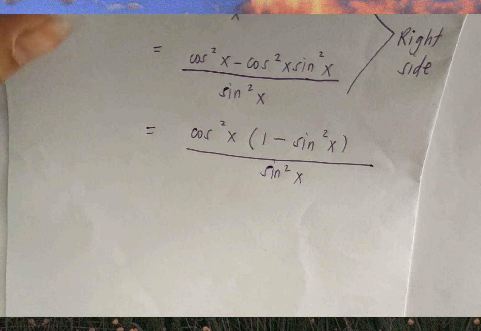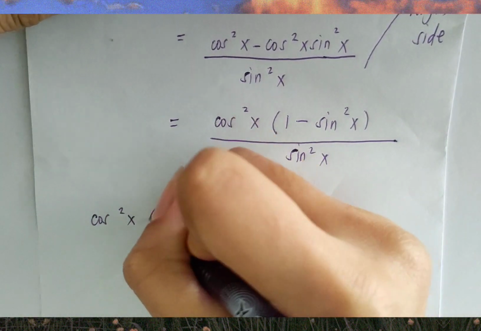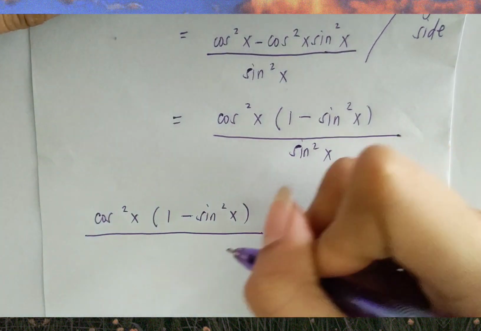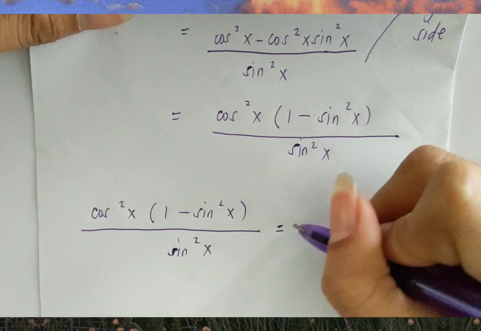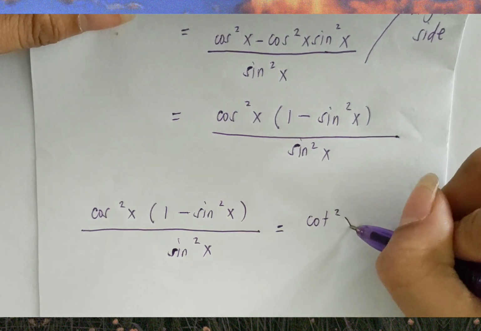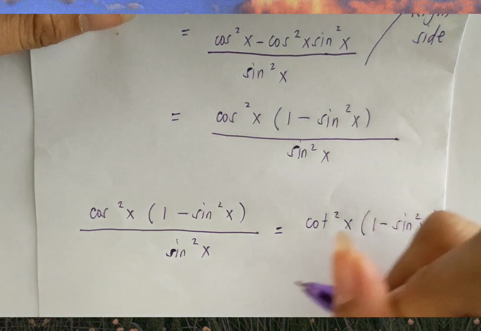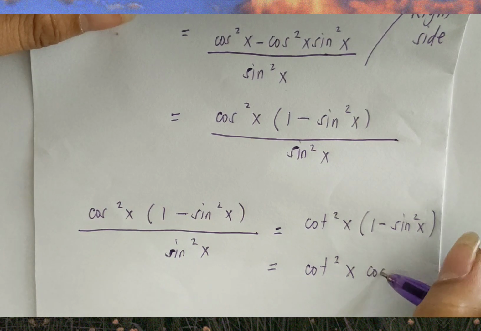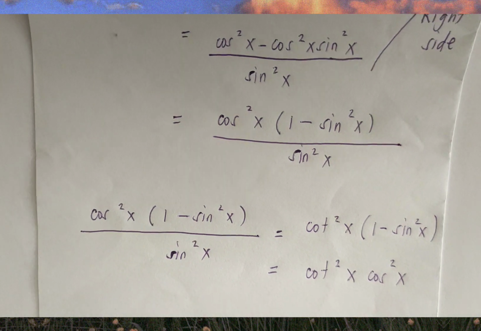Let us note: cosine squared x times 1 minus sine squared x all over sine squared x is equal to cotangent squared x times 1 minus sine squared x, is also equal to cotangent squared x cosine squared x. They are an identity.